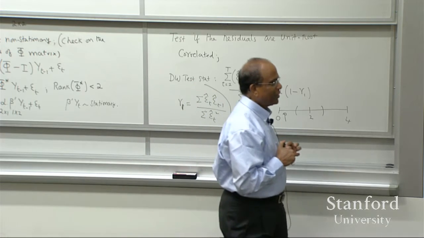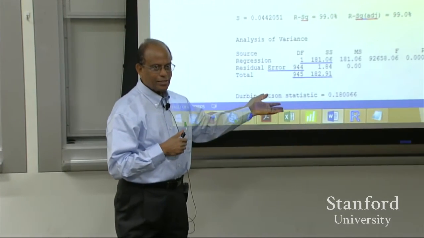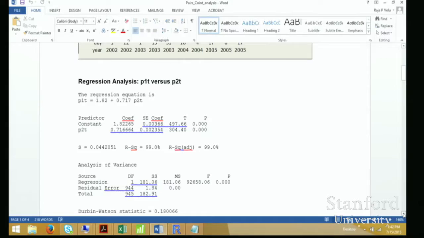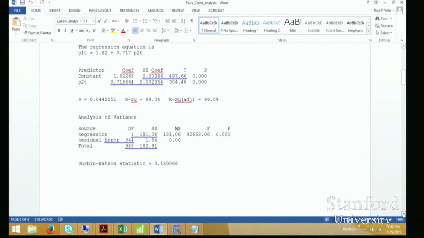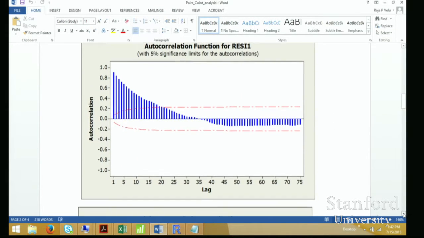In this case you can see the Durbin-Watson statistic is 0.18, which is close to 0, right? So, there is autocorrelation in the data. I looked at the residuals and at the autocorrelations of the residuals. Can you see that there is high autocorrelation here?